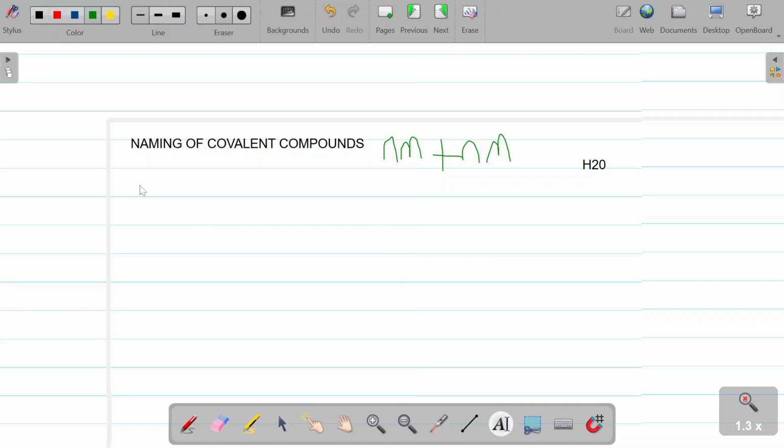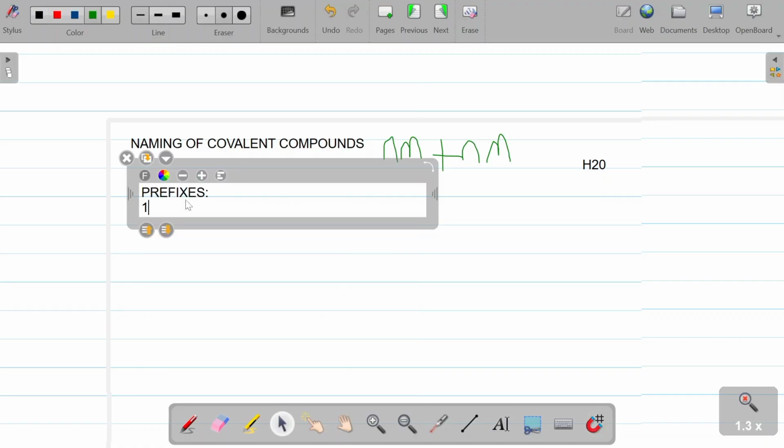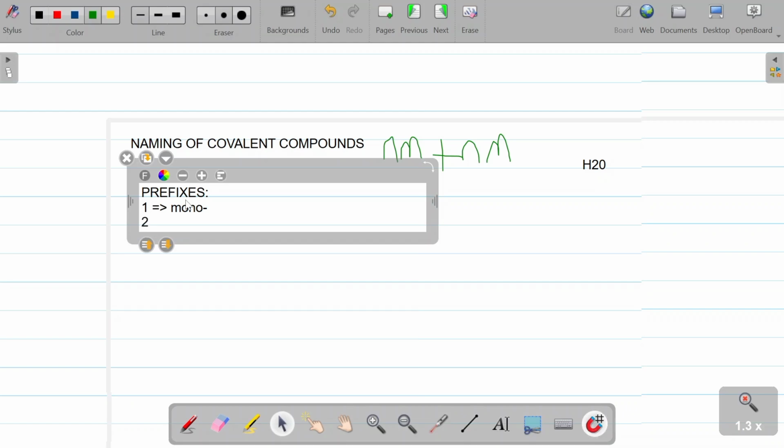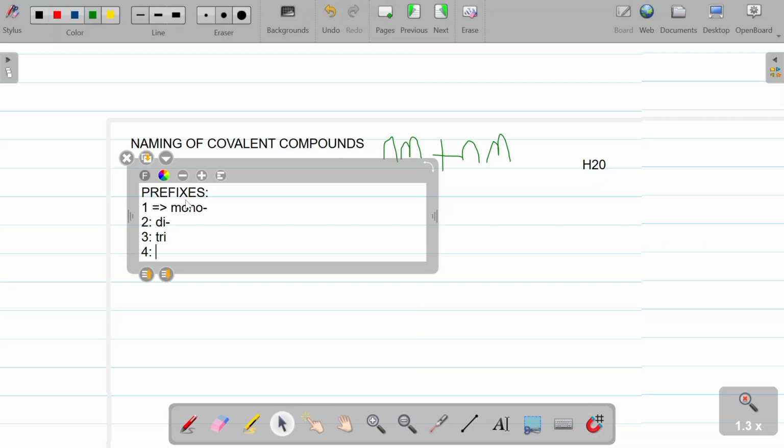So I'll just list a couple here. Prefixes. For one, if there's only one atom of that element, we use mono. If it was two, we would say di. If it was three, we would say tri.